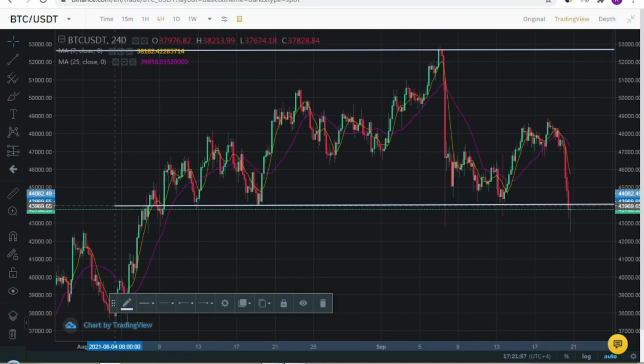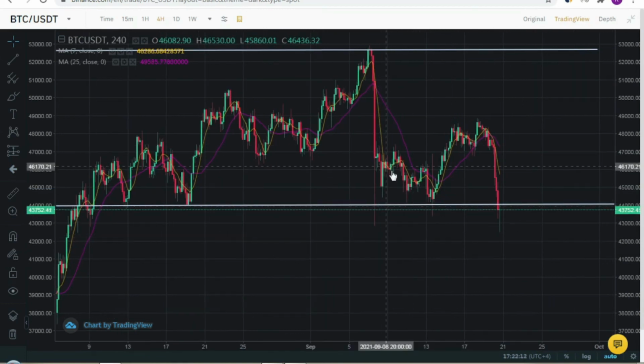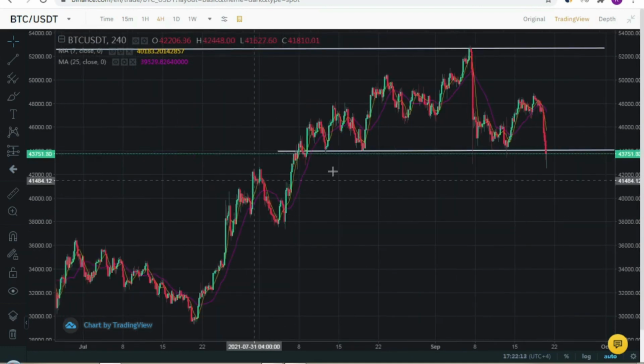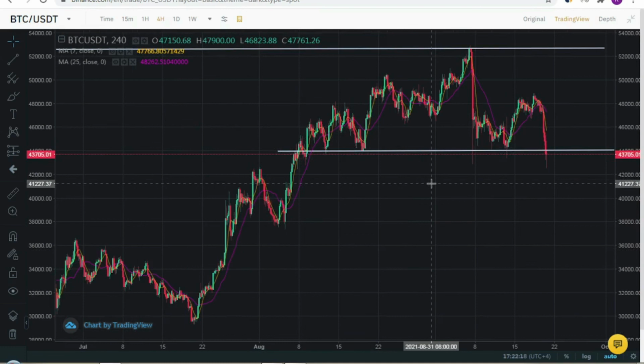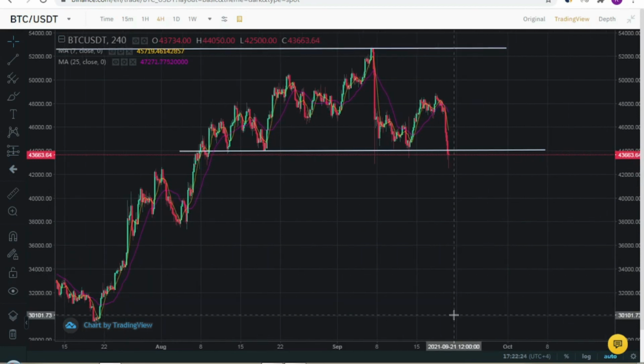This was a zone of resistance to here. It became the zone of support, broke through it, went back up, and it became a zone of support. It supported here, it supported here. So you see the number of times that it is supported here makes the line stronger as a resistance or support line.